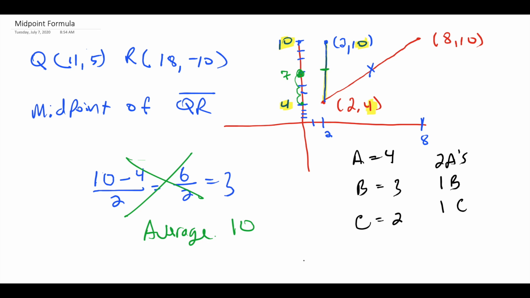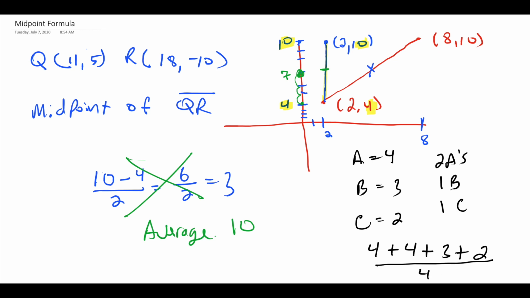How many total grades do we have? 4 grades. So 4 plus 4 plus 3 plus 2, divided by the total number of classes.